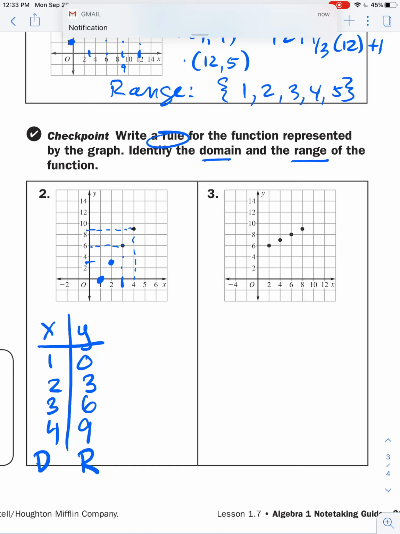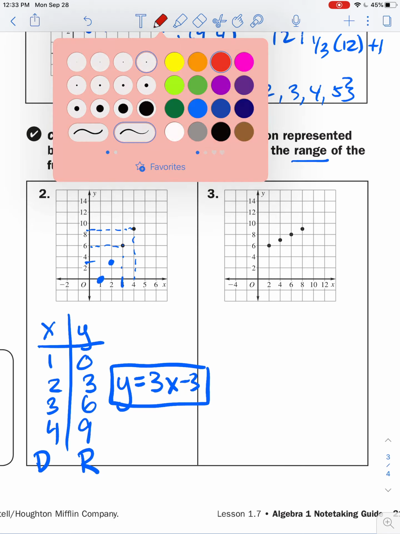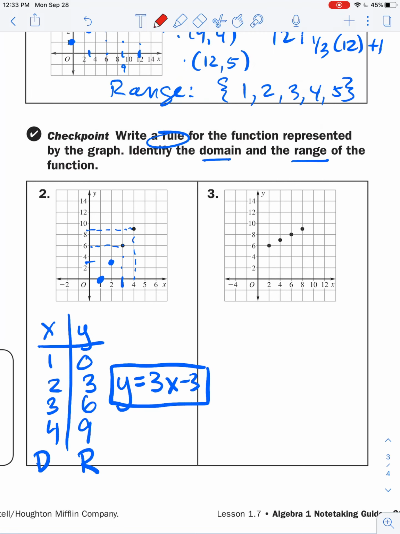So it says identify the domain and range. So I did that. And then my rule on this is really tricky, and you have to look through and look for patterns that work. And in this problem, I ultimately land on this, where I would be taking 3 times these numbers. So 3 times 1 would give me 3.